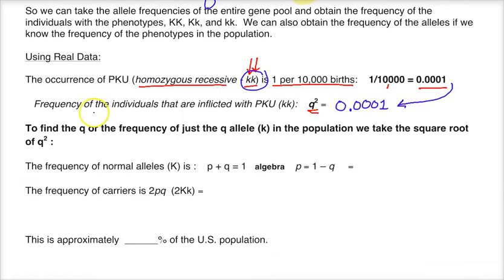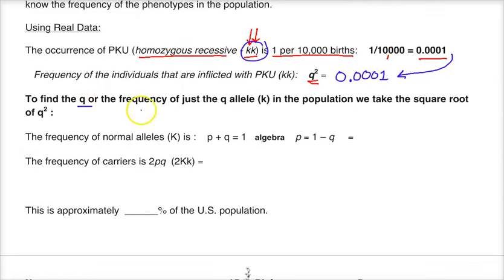Now let's get back to where we were. To find q, the frequency of just the recessive allele, we take the square root of q squared, because the square root of q squared is q.